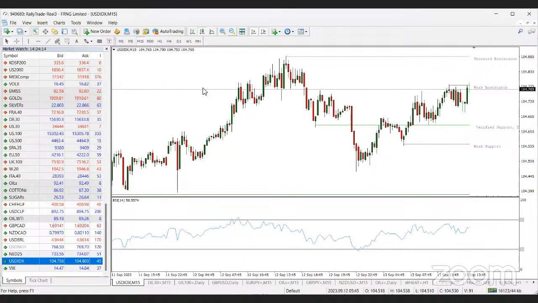Even on 5 minutes or on 15 minutes, you can see the bullish progression it has made, making higher lows and higher highs consistently since yesterday, even into today. So that could actually be a pointer to what the data is going to do.